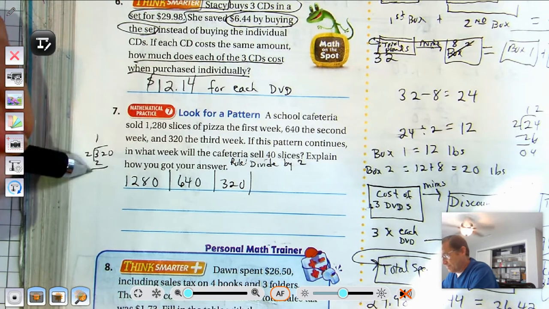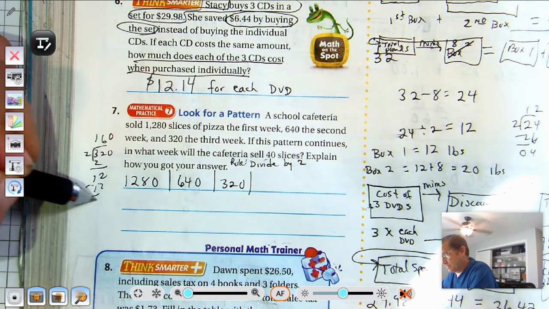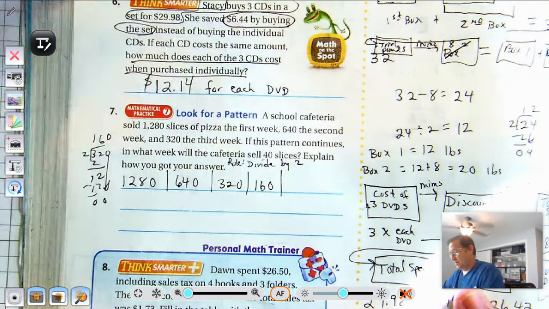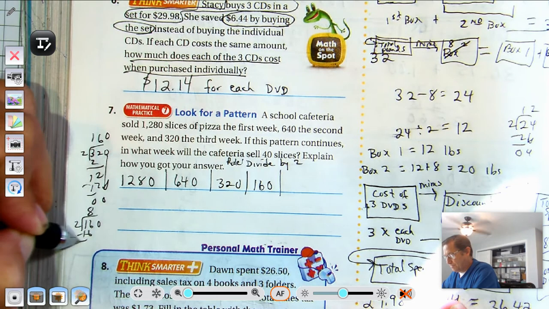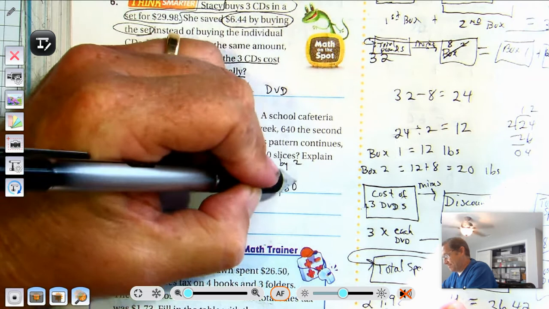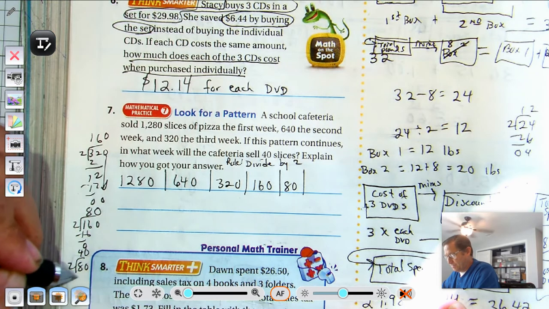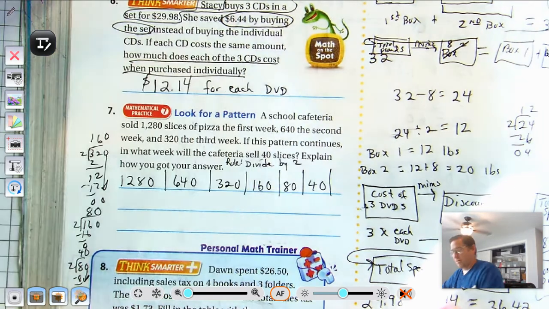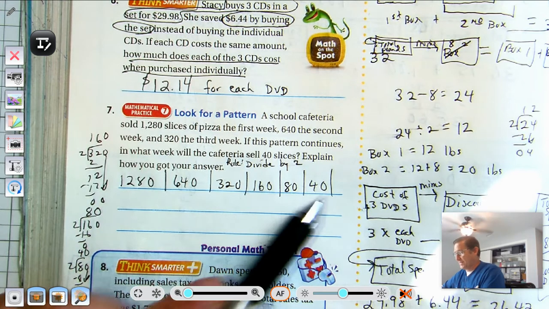Half of 320 is 160. 160 divided by 2 is 80. 80 divided by 2 is 40. All right, so 1, 2, 3, 4, 5, 6.